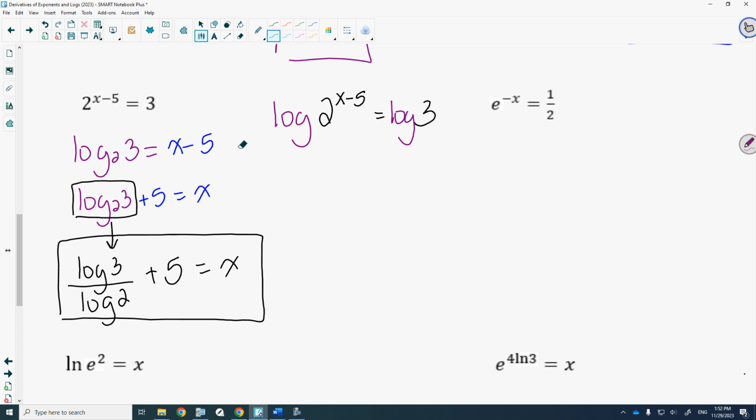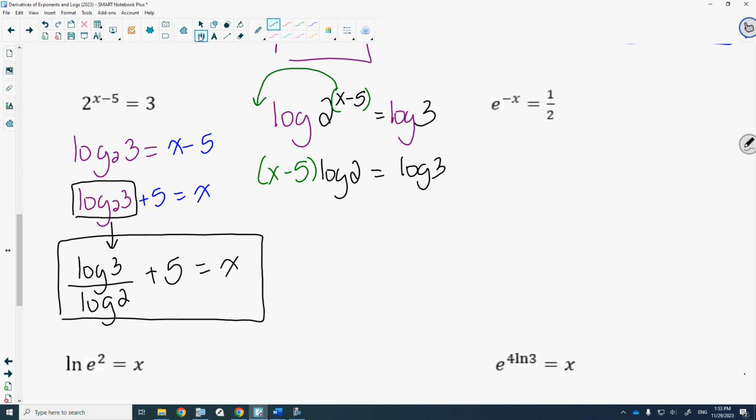So I want you to log both sides. Then let's apply our power law and bring that to the front. So x minus 5 times log of 2 is equal to log of 3.